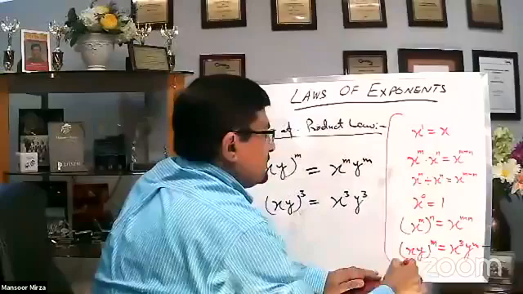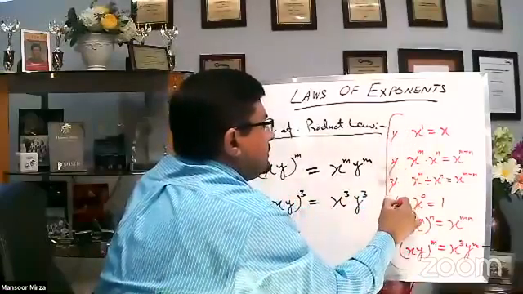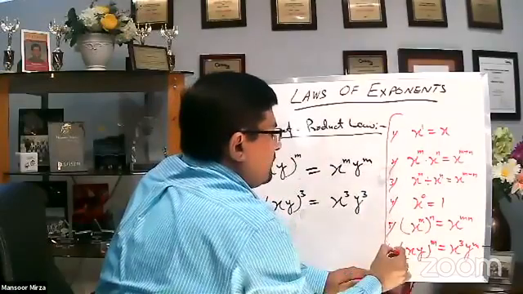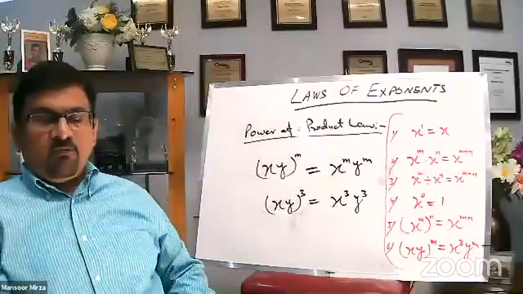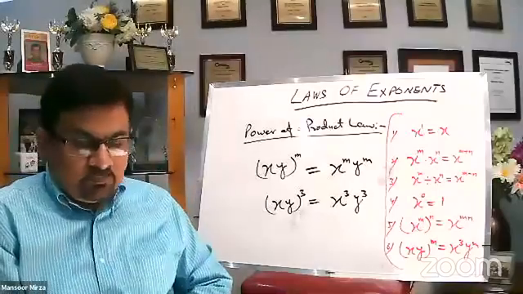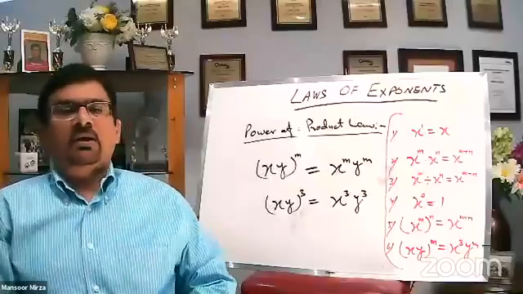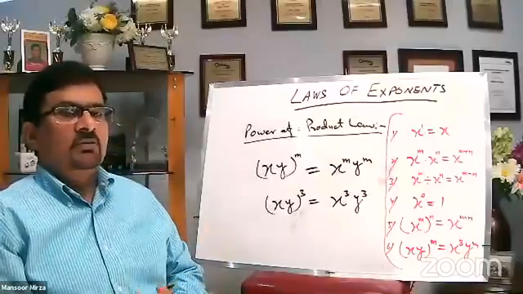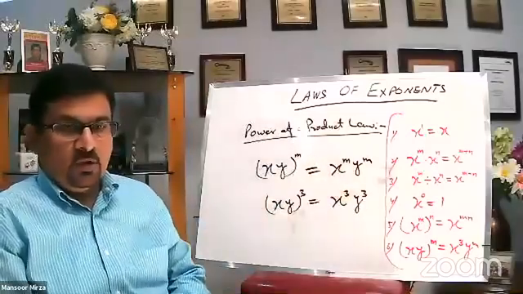So these are the different laws: 1, 2, 3, 4, 5, and 6. Here are 6 different laws of exponents we have discussed today. Now, after discussing these laws, I'd like to give you some examples to understand practically how these laws work.